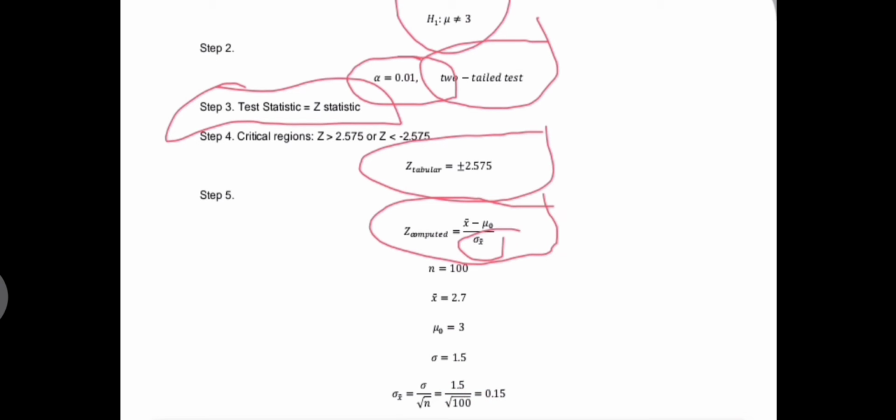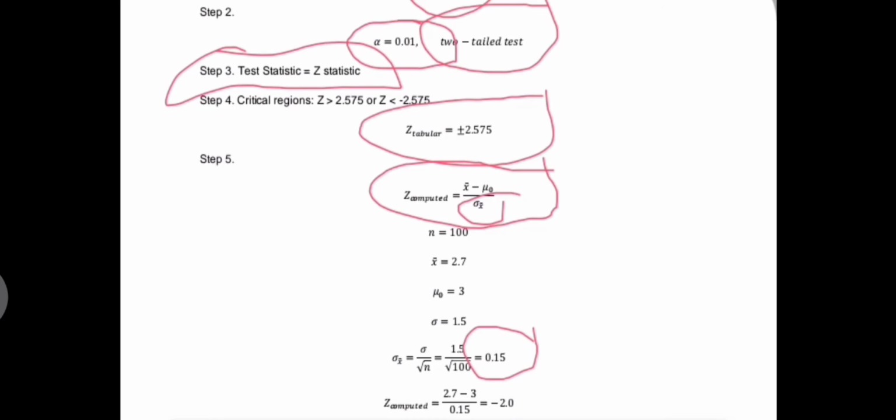Calculating, we will get 0.15. Substituting the answers and the given data in the formula and calculating, we get -2.